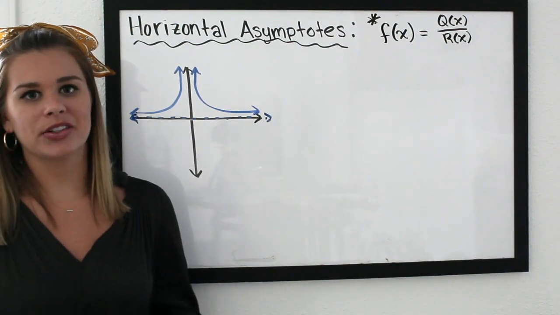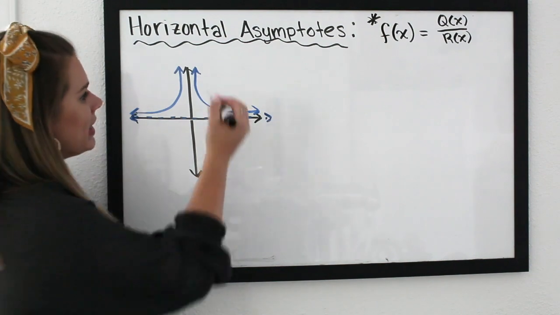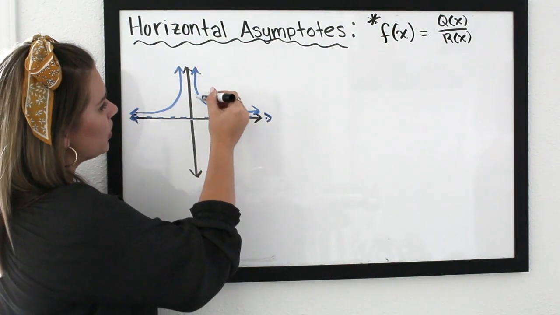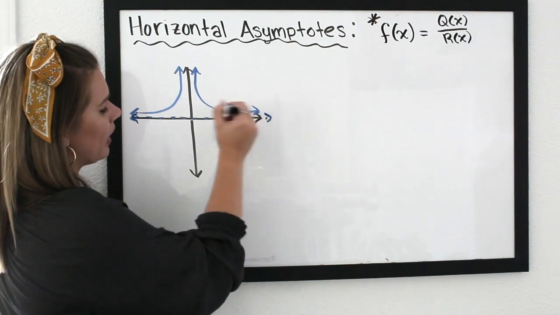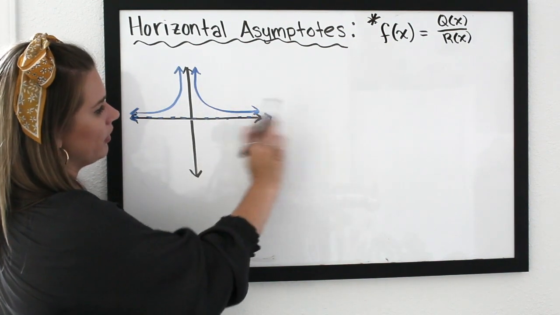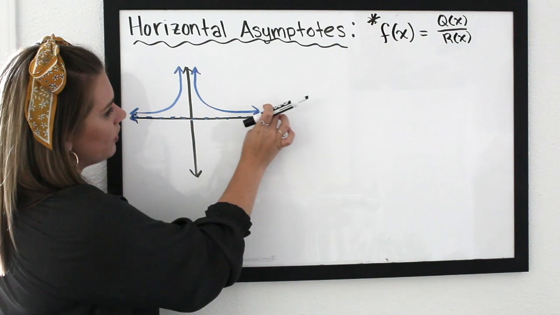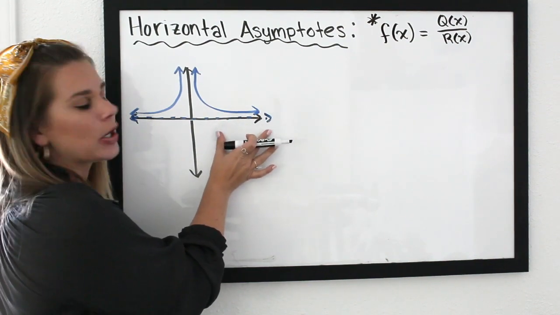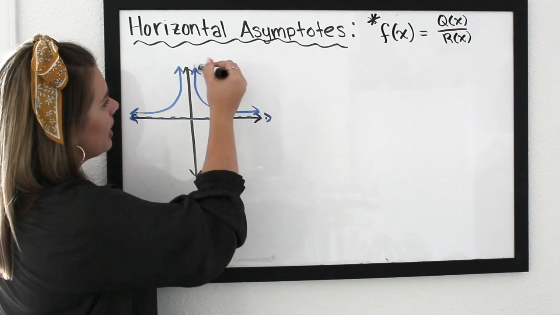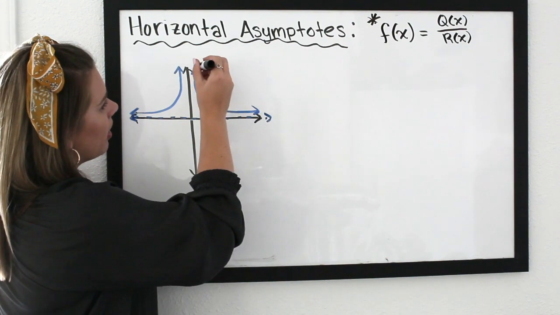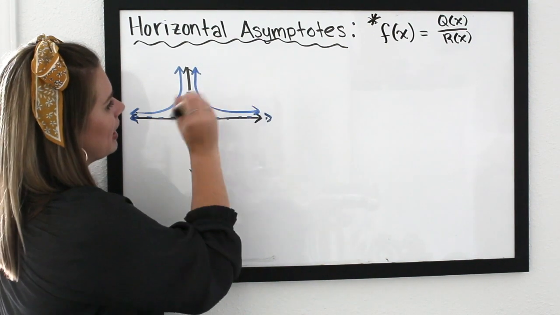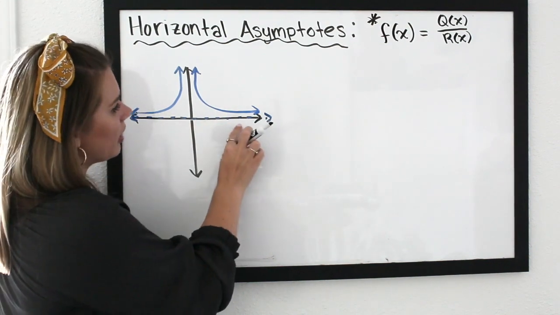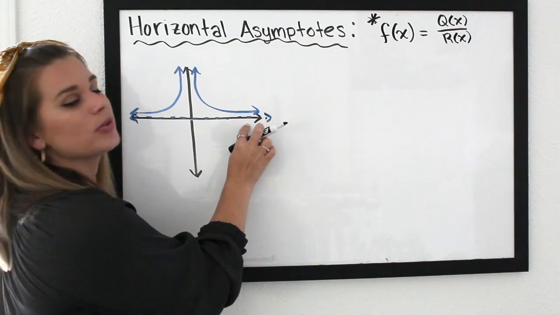Basically, all a horizontal asymptote is, if you have a function, and as the values get really, really large, go off to positive infinity, then those values start getting really, really close to a particular number. So in this case, for this function, as our x goes off to positive infinity, we are getting very, very close to 0.